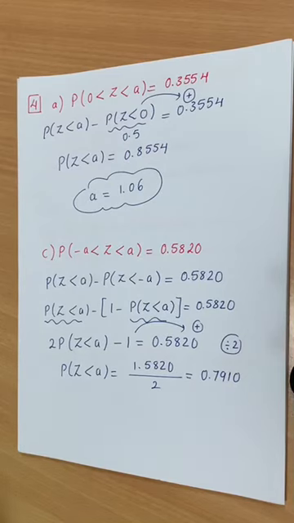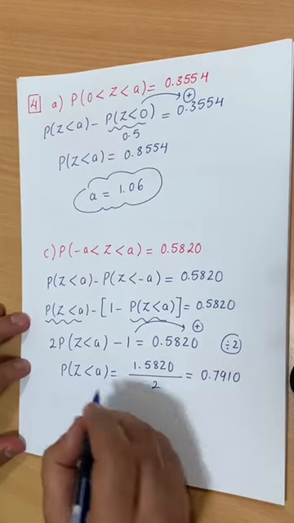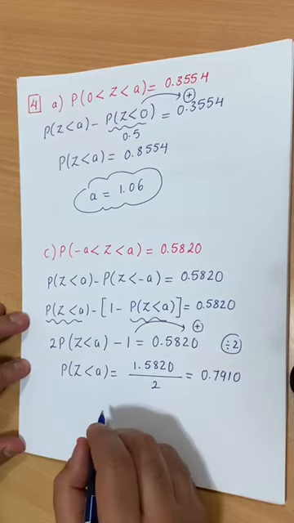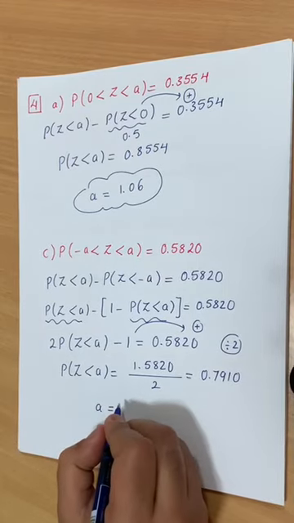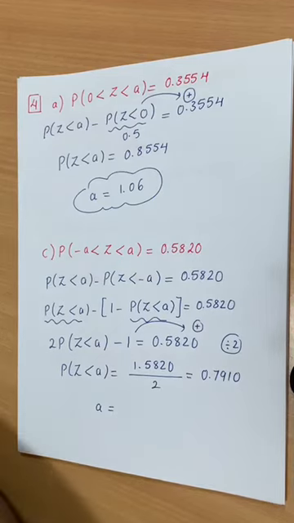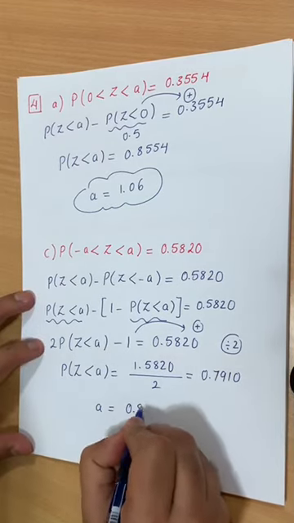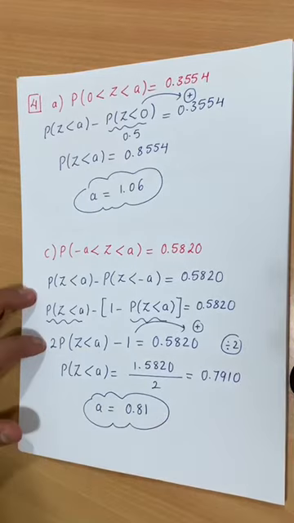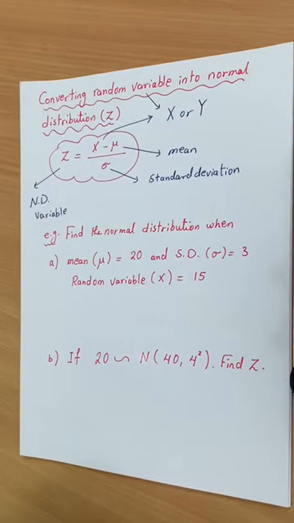So this is more than 0.5, so A will take positive. So A equals Z, we're supposed to find 0.7910. Yes, 0.7910, you'll find it in the line of 0.7, in the second column. So 0.81.